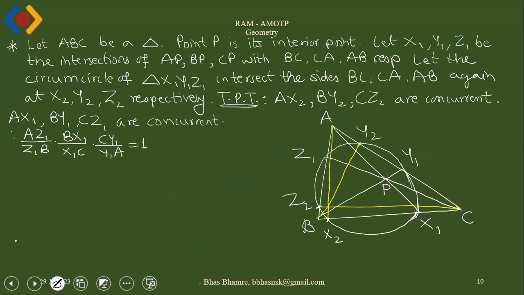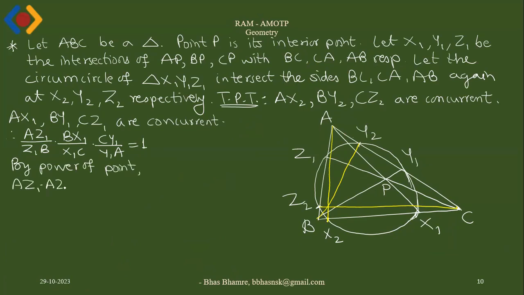So by power of a point for A, I get AZ1 times AZ2 is equal to AY2 times AY1. You can check.